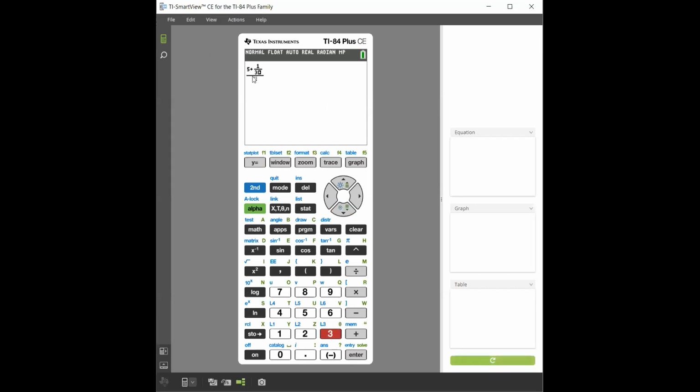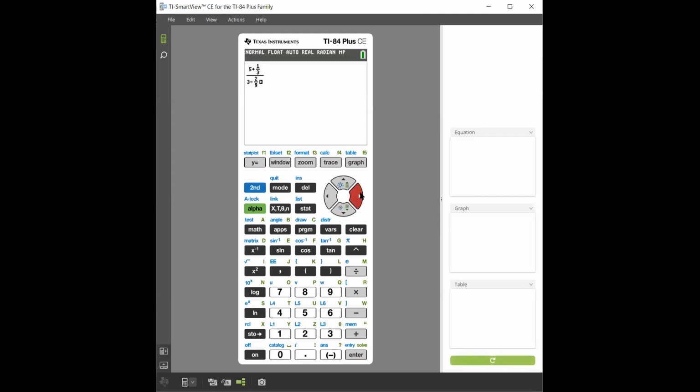Okay, and on the bottom it says 3 minus 2/9. So I'm typing in 3 minus alpha y equals, enter, 2/9.